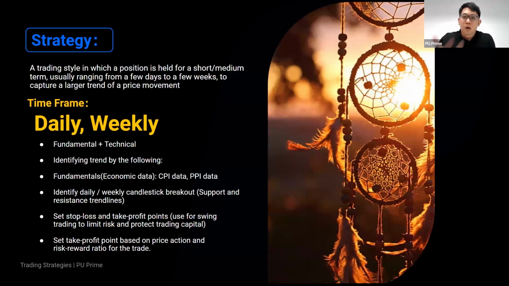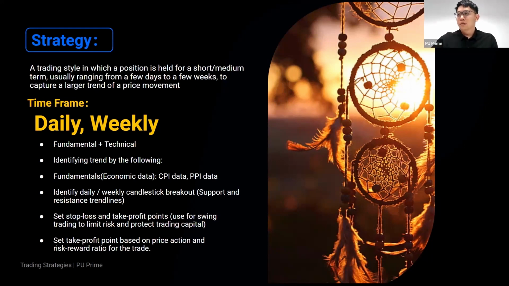Let's say Jerome Powell is going to have a speech, and Christine Lagarde is going to have a speech, which will have an impact on the dollar and the euro respectively. So we have to know the fundamental plus technical. Why? Because before we enter the trade, we have to spot the signal, so you have to combine these two, the news and also the technical analysis, to use this swing trade.